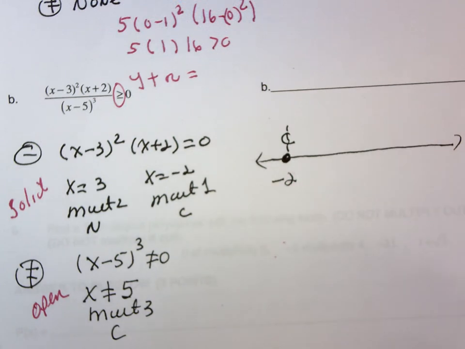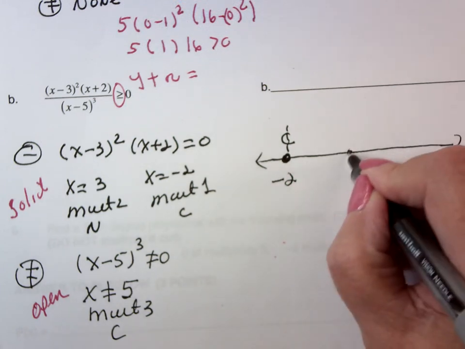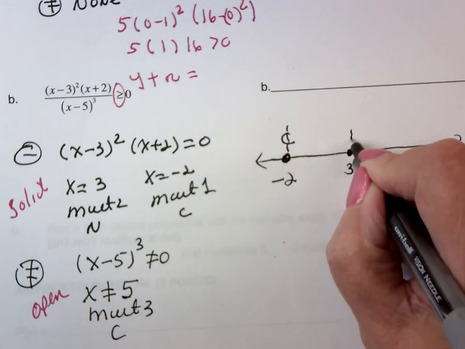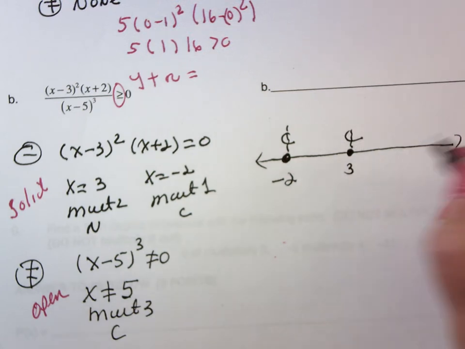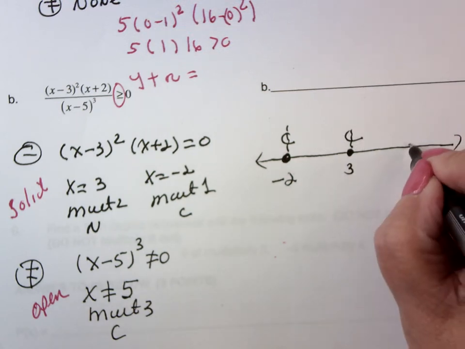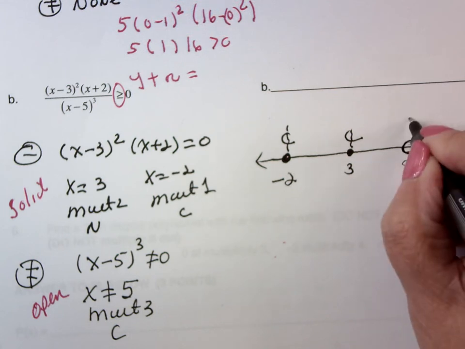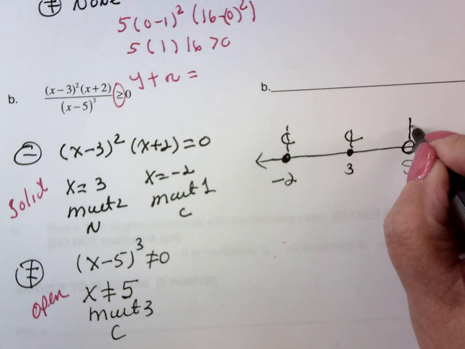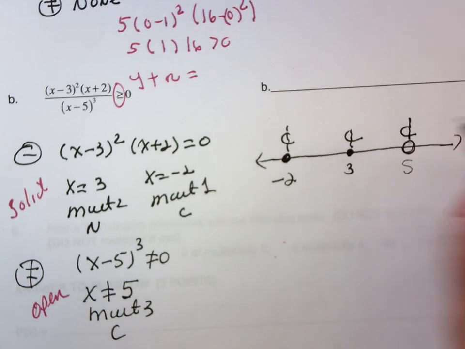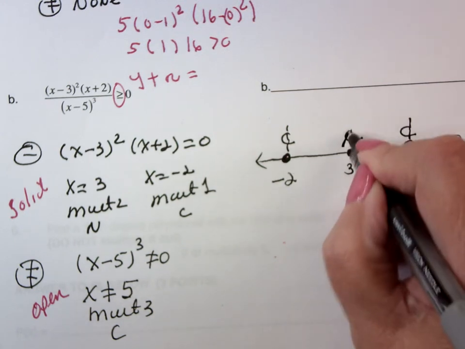I have 3, solid, no change. I have 5, that's my vertical asymptote. That's open, change.